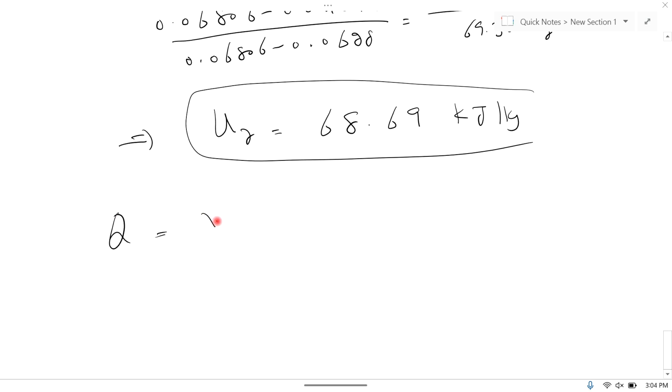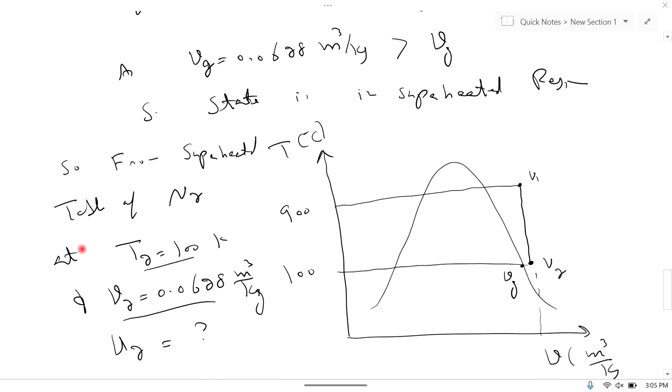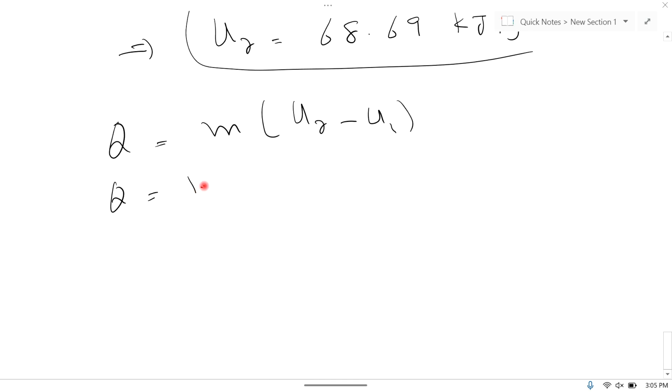So Q is equal to M into U2 minus U1. So M is already calculated by us, which is equal to 1.592 kilogram. U2 is equal to 68.69 minus U1 is equal to 509.69 kilojoule per kg.